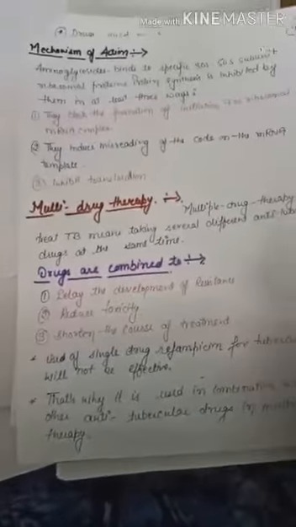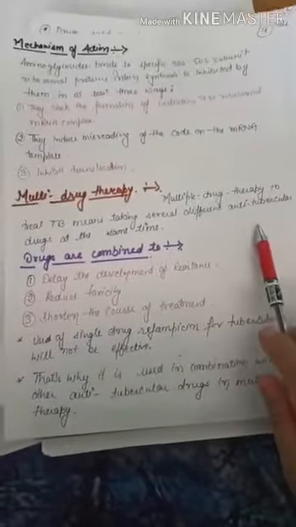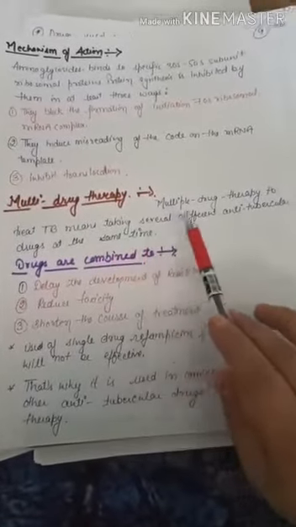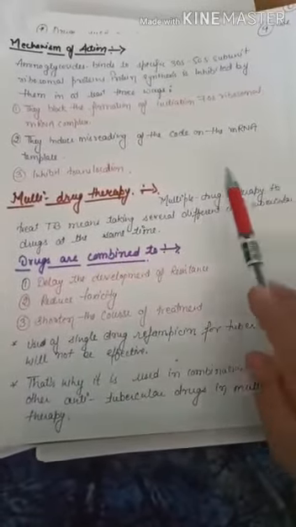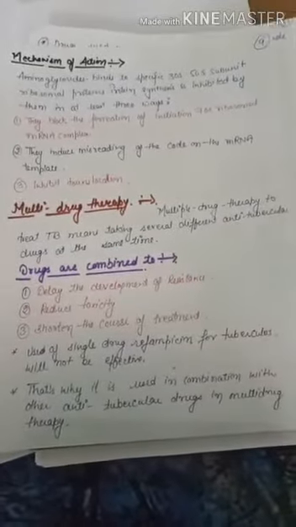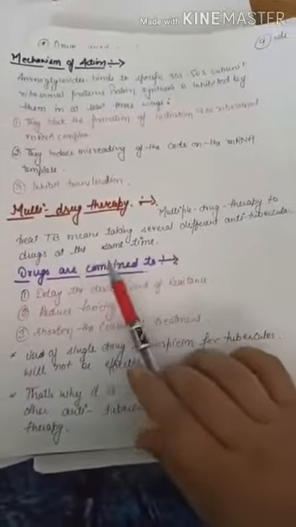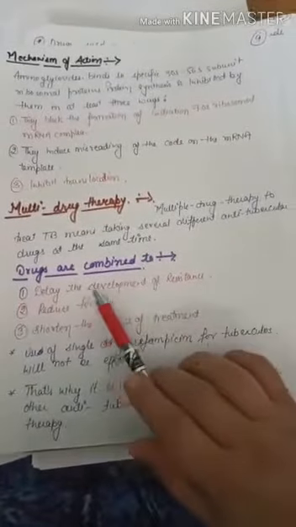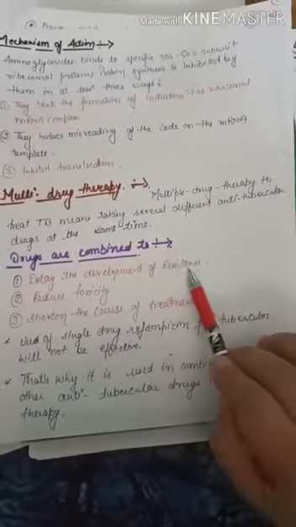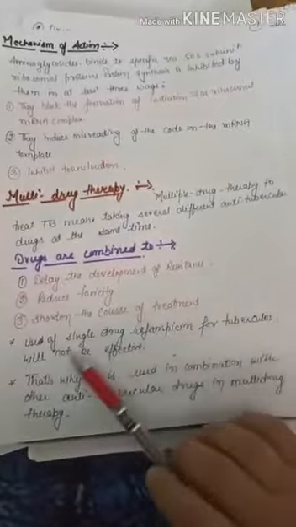And here you can see multi-drug therapy. The multi-drug therapy to treat TB means taking several different anti-tubercular drugs at the same time, or combination therapy. Drugs are combined to delay the development of resistance, to reduce toxicity, or to shorten the course of treatment.